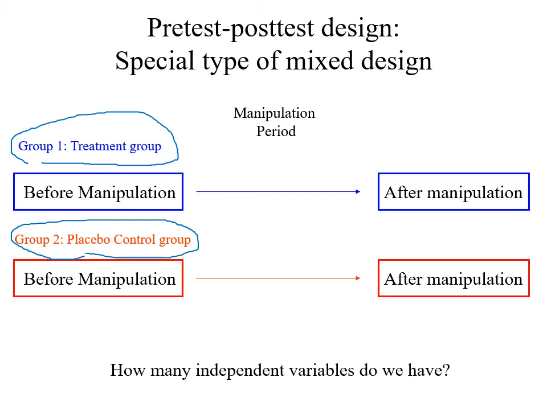Now think about this. Group 1 went through before manipulation and after manipulation, so it's the same person before and after, and these are exactly the people who receive treatment. In another group, group 2, they do not receive any kind of treatment. So you have one independent variable that is within group and another independent variable that is between groups.